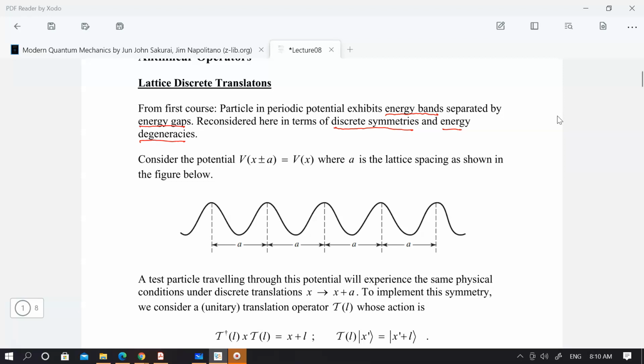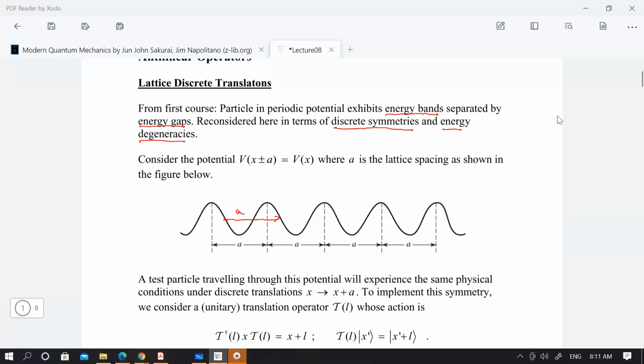You can see that the peaks are separated by a lattice distance of A. Or you can take any point on the potential and translate it by A, and you get the same potential value at that translated distance.